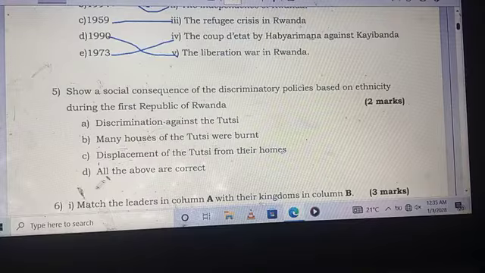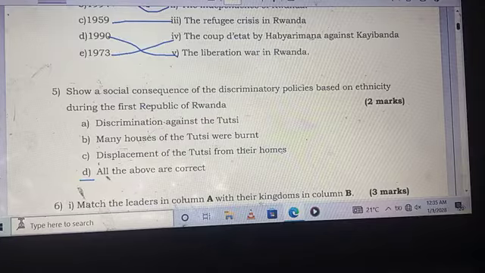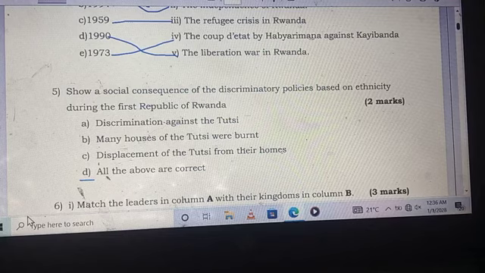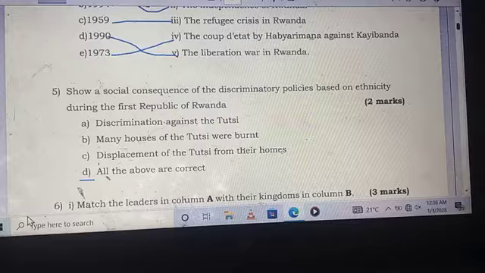The best option is letter D. All the above are correct because the discrimination caused persecution of Tutsi, burning of houses, displacement from homes. Those are the consequences of discriminatory policy.